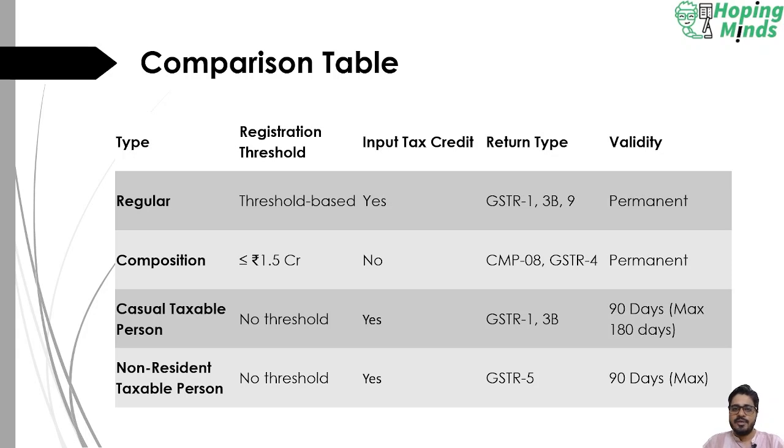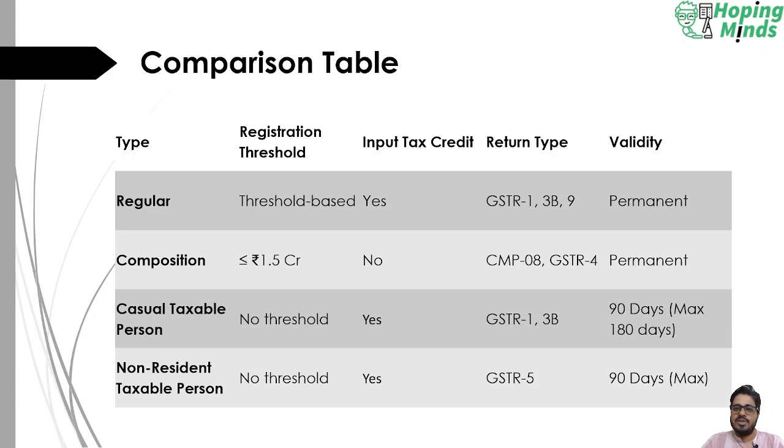Let us compare the taxpayer types based on their registration threshold, input tax credit, return types and validity of registration. In case of a regular taxpayer, the registration threshold is rupees 40 lakhs in case of goods and rupees 20 lakhs in case of services. Input tax credit is available to regular taxpayers except for a few exceptions.